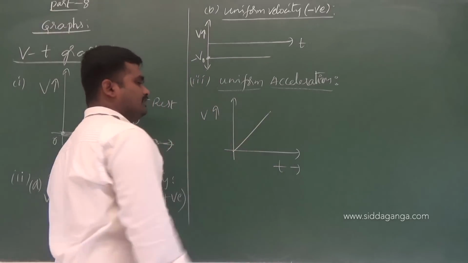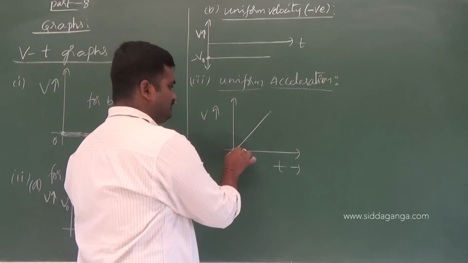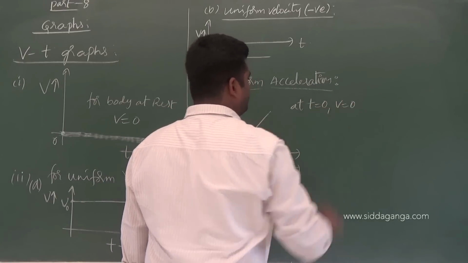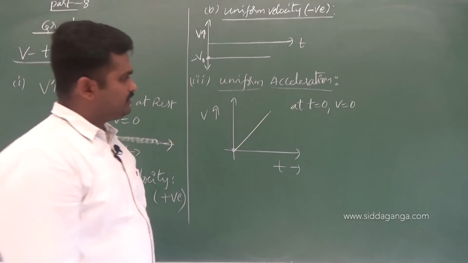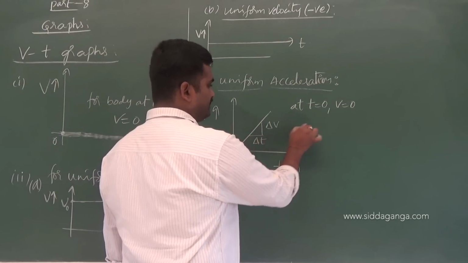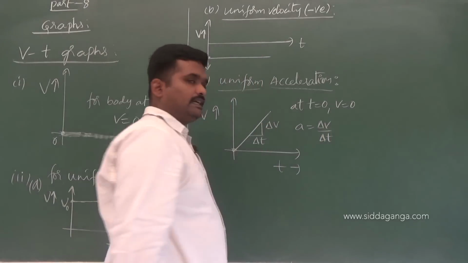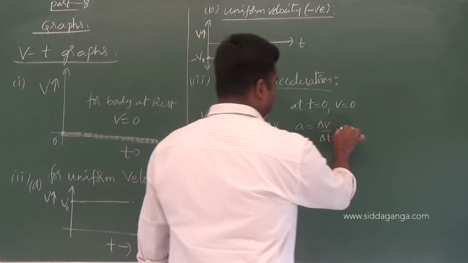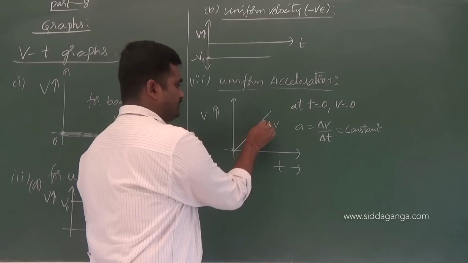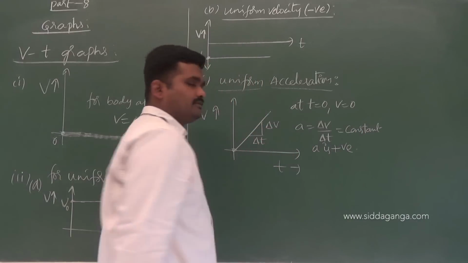If I say at t equals 0, the value of v equals 0, then A is constant here. This is delta V, this is delta T. Slope gives acceleration. Delta V by delta T is constant here, and it is positive. The slope is positive, that's why A is positive. For uniform acceleration, the acceleration is positive.